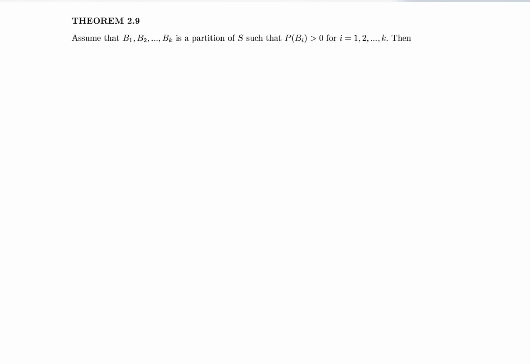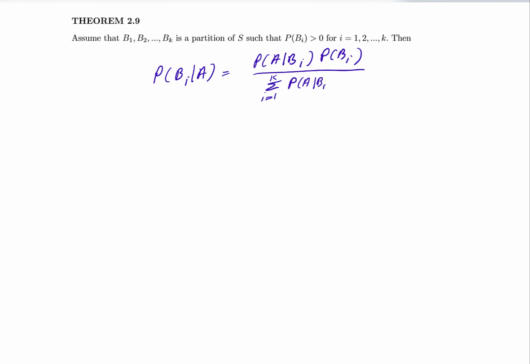Then we can write P(Bi given A) equals P(A given Bi) times P(Bi) divided by the summation i goes from 1 to k of P(A given Bi) times P(Bi). This is called the Bayes rule.